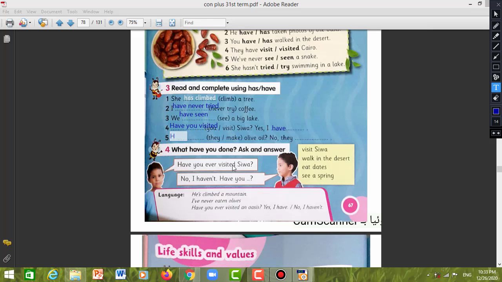Have they made olive oil? Your answer will be no, they haven't. We put not because our answer was no. Okay. Turn over the page.